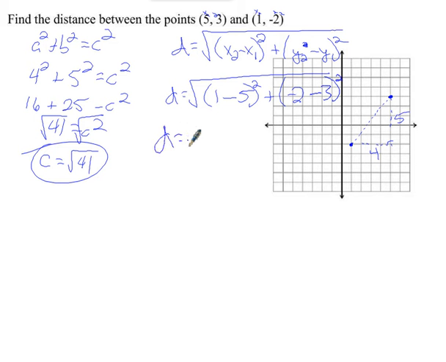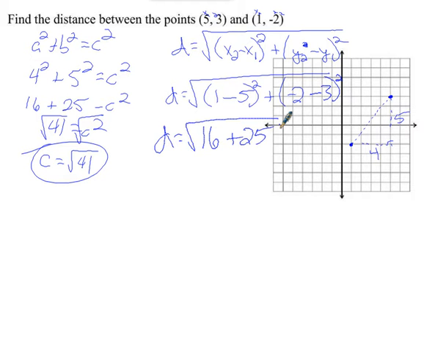d equals the square root. What's 1 minus 5? Negative 4. What's negative 4 squared? 16. Plus, what's negative 2 minus 3? Negative 2 minus 3 is negative 5. Squared and you get 25.